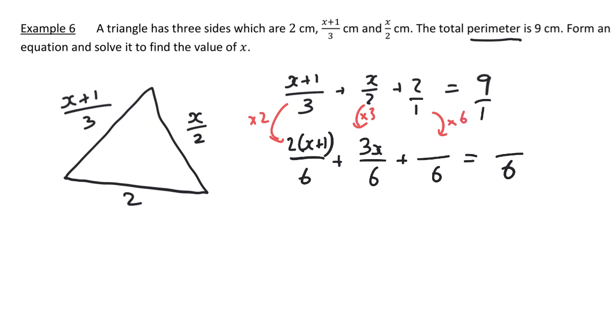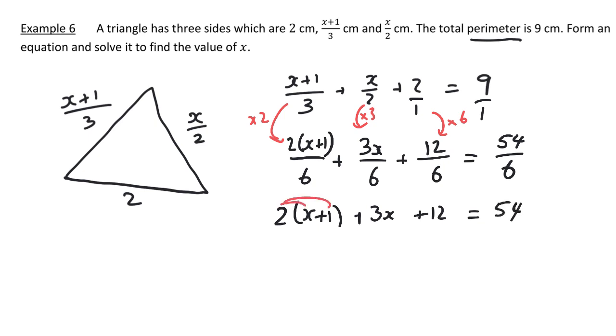So 2 6s are 12, and 9 6s are 54. Because all the denominators are the same, we can drop them. So we've got 2 brackets x plus 1, plus 3x, plus 12, equals 54. Let's expand the bracket. So multiply 2 into x plus 1 to get 2x plus 2, plus 3x plus 12 equals 54.